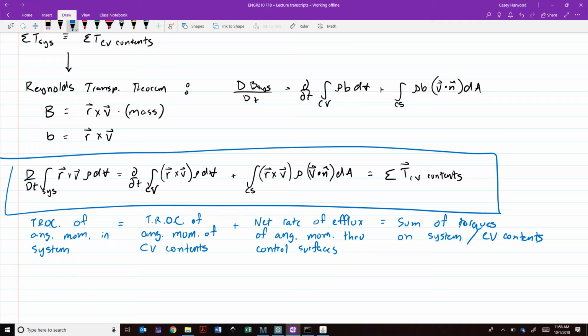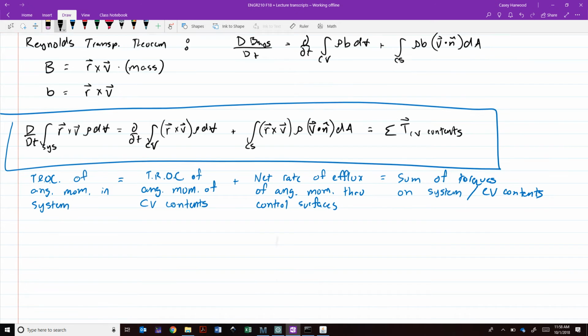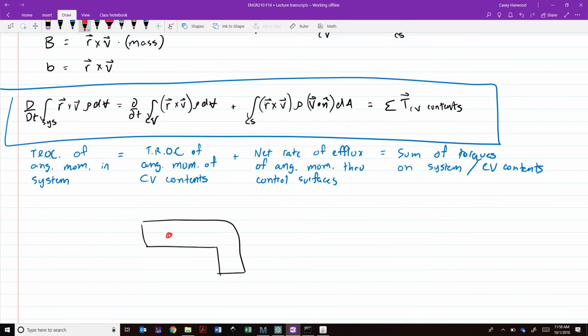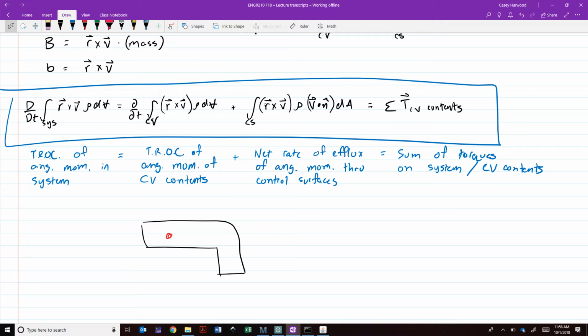Okay, so in a case like the little preliminary exercise that I gave at the very beginning of the lecture, we've got something like this. Okay, flow through a pipe. In this case, you would solve it essentially in the same manner you do with the linear momentum equation.